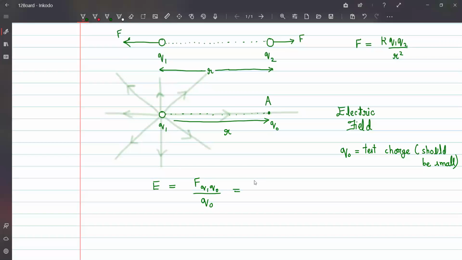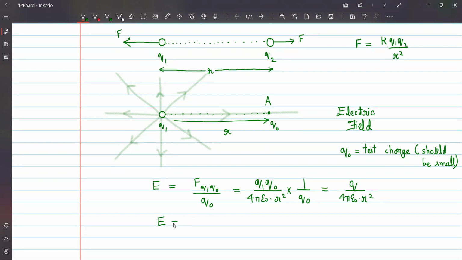It should be really small. If I apply Coulomb's law here, I get Q1 Q0 by 4 pi epsilon naught r square, divided by Q0. From here, I get the magnitude of electric field due to a single point charge.